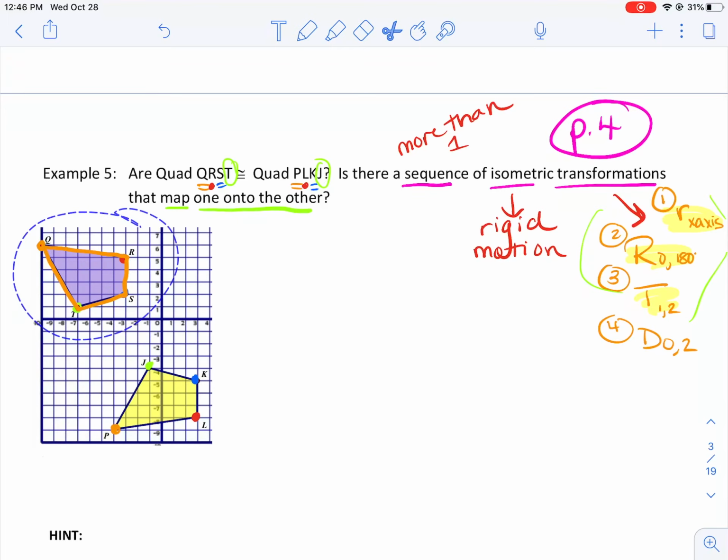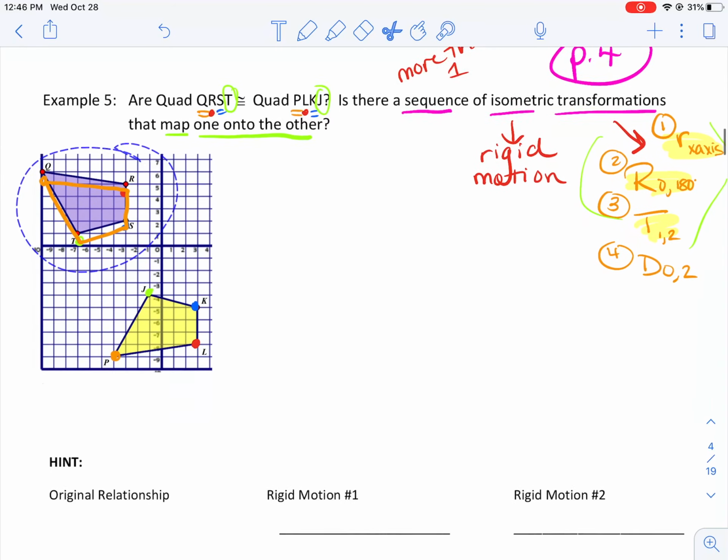So you can just take a second and see, all right, I see this blue point. I want these points to line up. Well, but then I might have to flip it to get it there. So it looks like what we might be looking at is some sort of movement here, and then definitely some sort of flipping so we can get these points to line up.